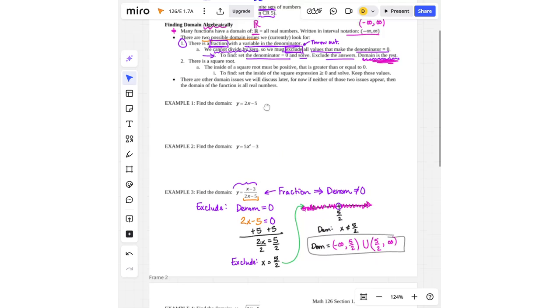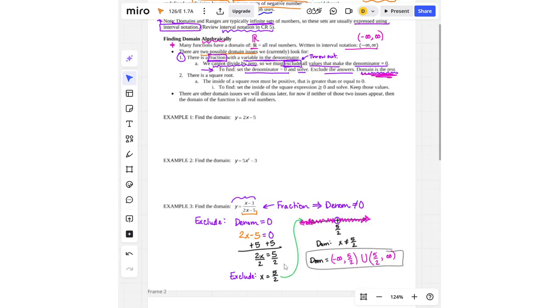All right, so let's go back up. Now we've looked at a fraction issue. Let's look at our second issue. So the second issue that could happen is that there is a square root. So I talked about this yesterday. A negative times a negative is always positive. A positive times a positive is always positive.